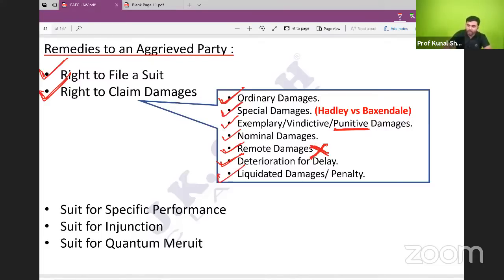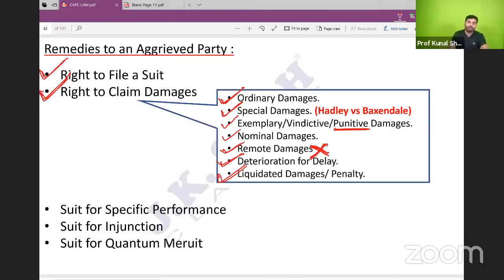Last, liquidated damages or penalties. Under Indian law, they both are the same, but under English law, they have been bifurcated. What are penalties? Inside the contract, an amount has been written that if any person does a breach, then that person will have to pay X amount to the other person.